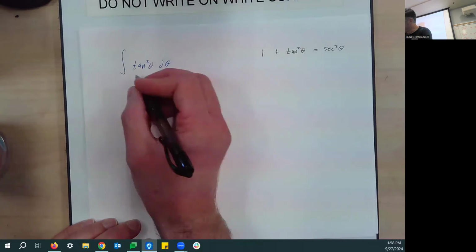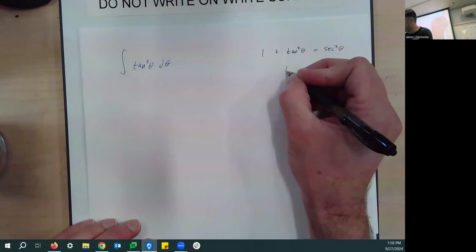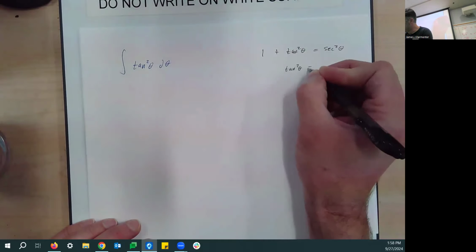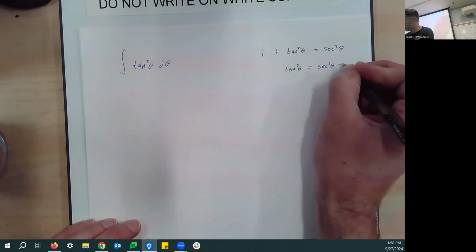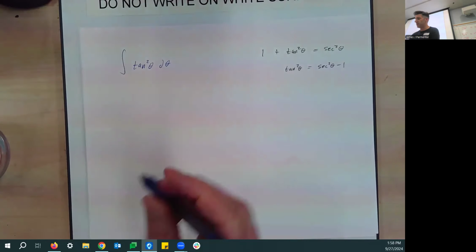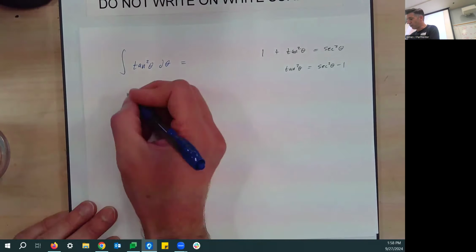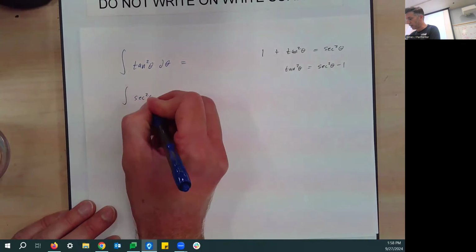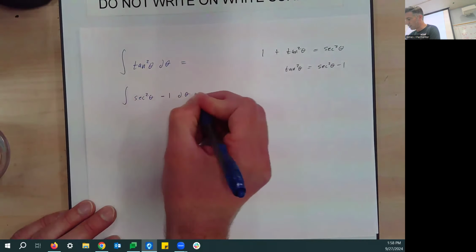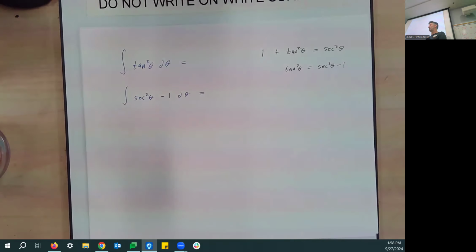Anyway, that means that we can replace the tangent squared with secant squared theta minus 1. And then we can replace the integrand, or the thing we're anti-differentiating, with secant squared theta minus 1. And we know that the antiderivative of secant squared of a variable is tangent of that variable.